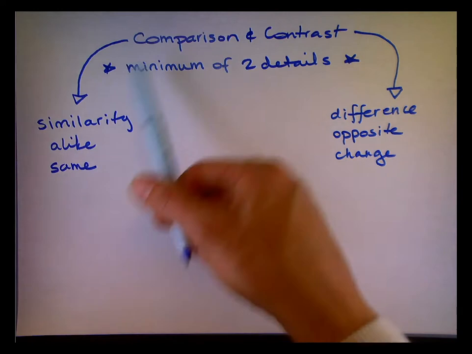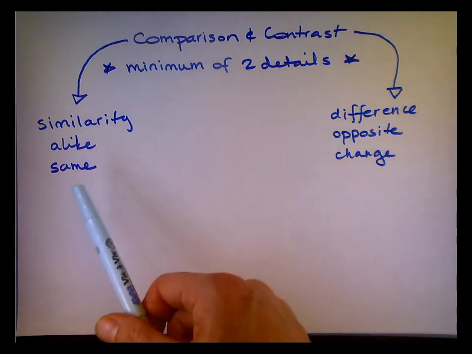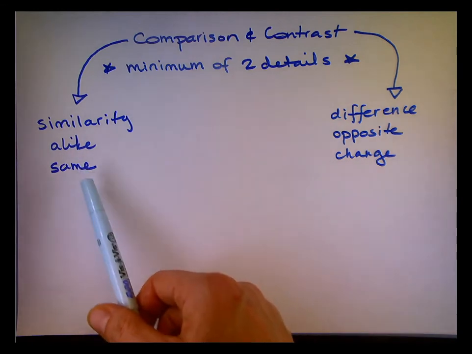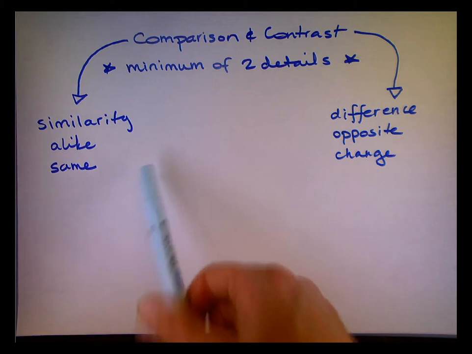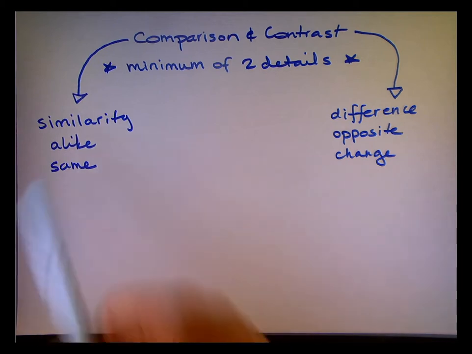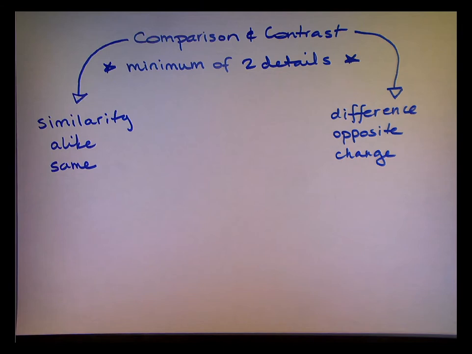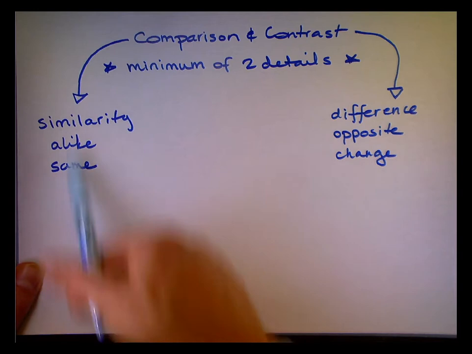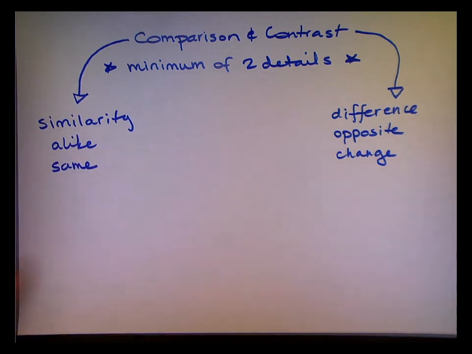So you could possibly have time order that is actually really comparison if an author's talking about one thing in time and later that thing is still around and it has not changed. If the author's emphasizing there not being a change, then you've got to pick comparison as opposed to time order because they're emphasizing the similarity that has lasted.